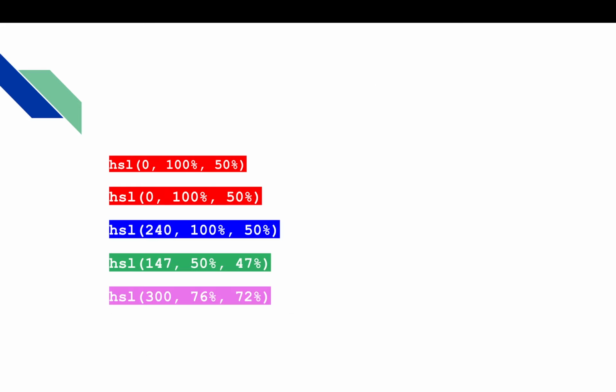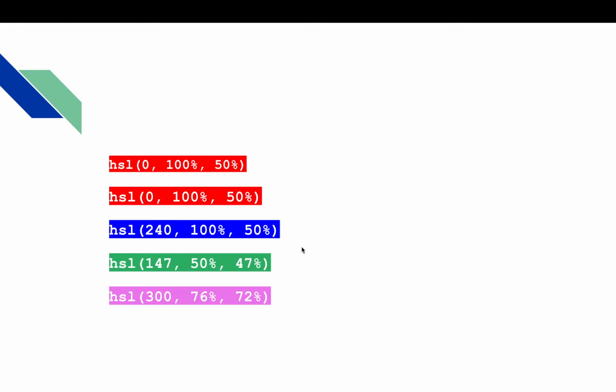So these are the experiments. Like we say, red, 0. When this page is shown, 0 will show red. Saturation of 100% makes it very reddish, while 50% is the lightness. The same thing here: this one is 240, which is blue, right?